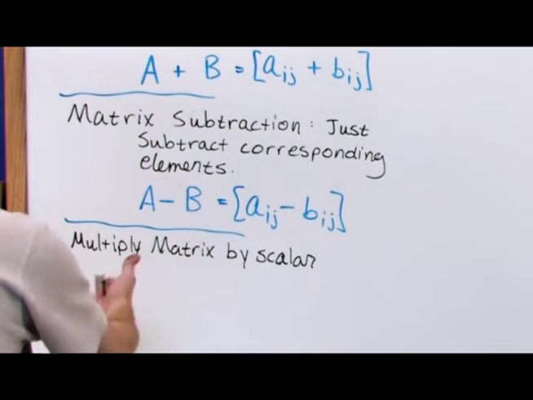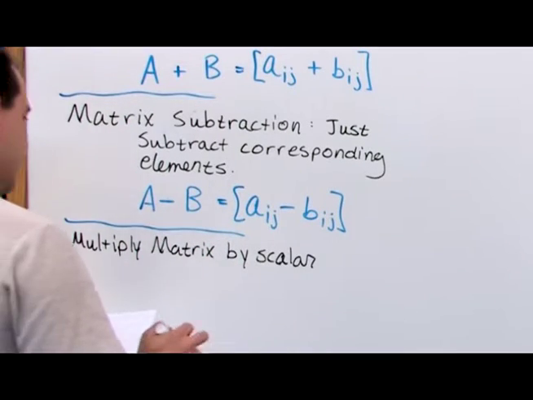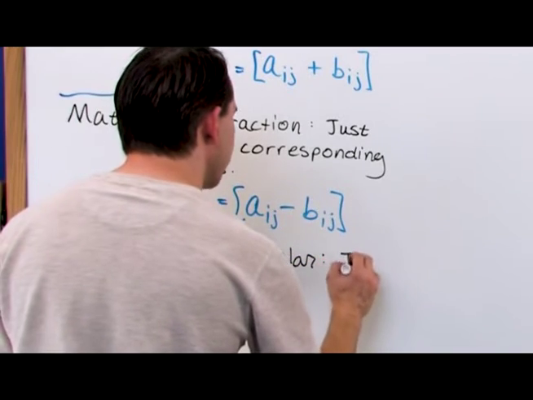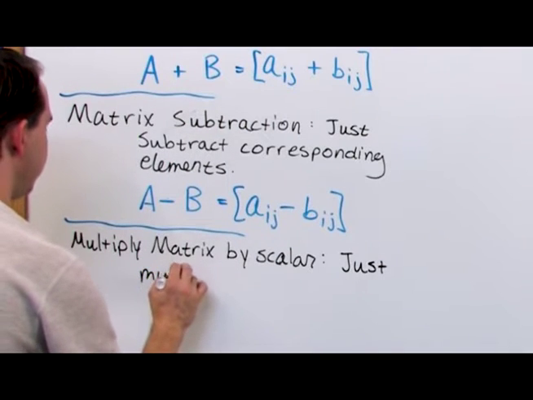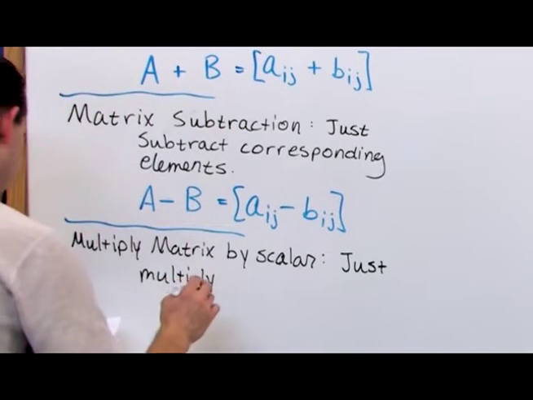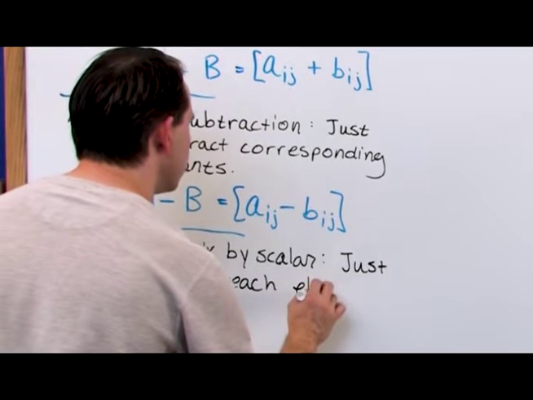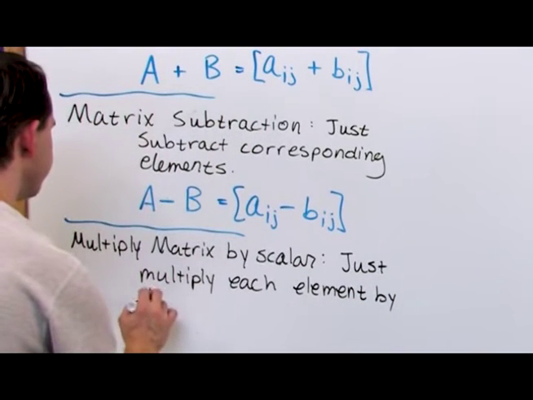Multiply by 1, or multiply a matrix by 2, or multiply it by 5, or whatever. Okay? All you do, in layman's terms, you just multiply each element by the scalar.